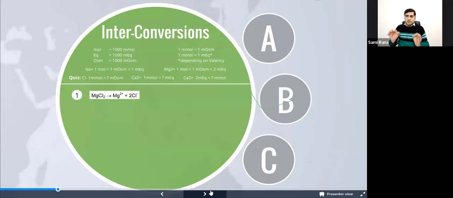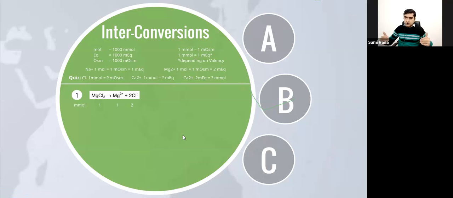So we will move forward. There are a few concepts that you need to understand to solve these questions, related to milliosmoles, millimoles, MEQ. There are three simple concepts that you need to understand. The first thing is you should be able to understand how this equation is going to give moles, millimoles, milliosmoles or milliequivalents. In this example, we have magnesium chloride. Magnesium chloride is 1 mole because this is a molecule.